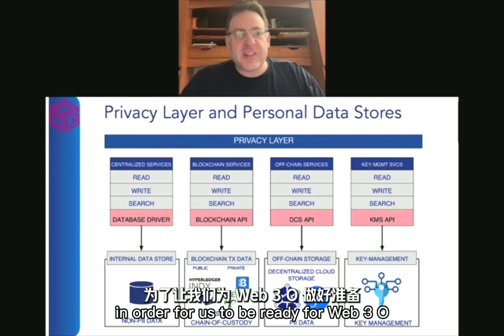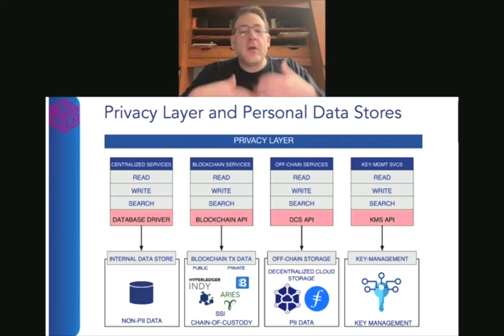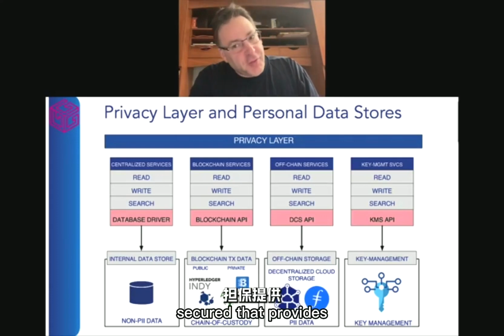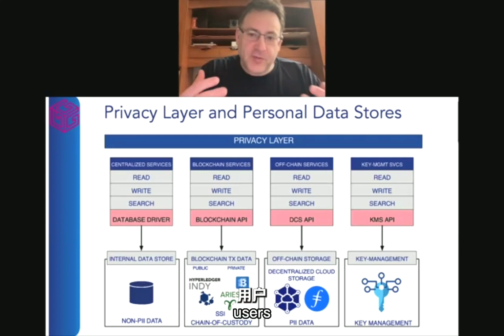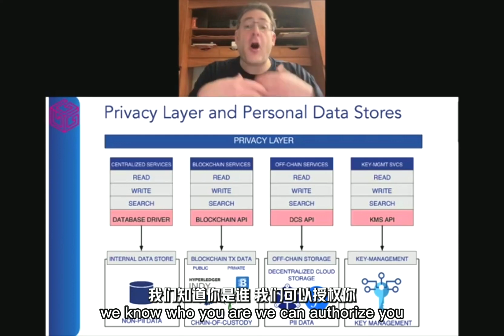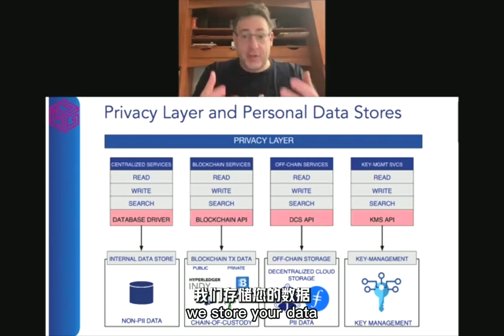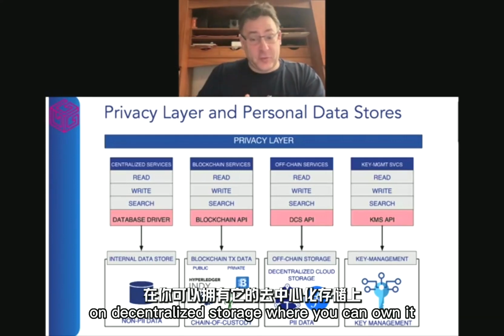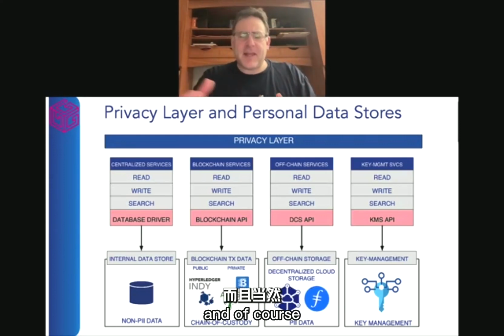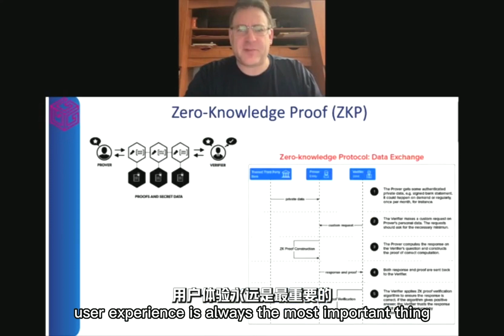In order for us to be ready for Web 3.0, we have to provide a new, secured infrastructure that provides users identity services. We know who you are, we can authorize you, we store your data on decentralized storage where you can own it, and we take care of other things like key management, and of course user experience is always the most important thing.